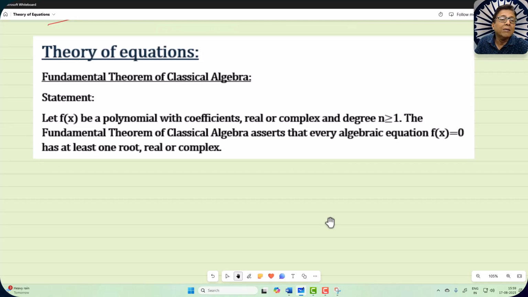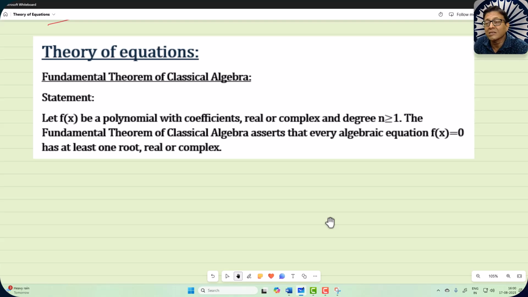Now, regarding an algebraic equation, the fundamental theorem of classical algebra is very important. Why? Because this chapter is concerned with the roots of polynomial. So, we must know the nature of the root. But unfortunately, the theorem I am going to state now, its proof is beyond your scope.